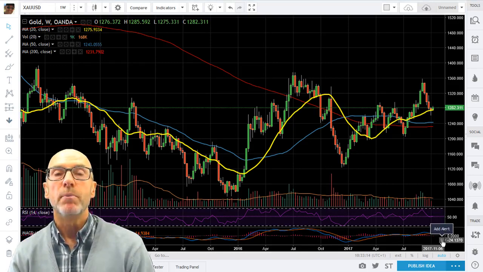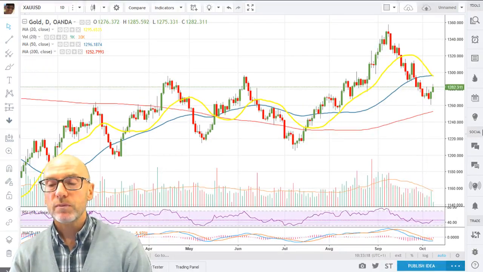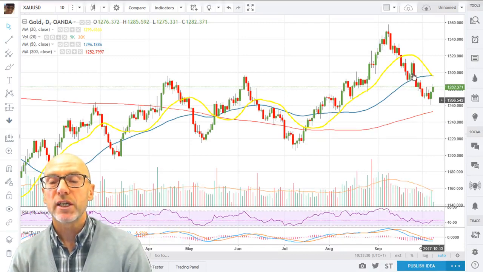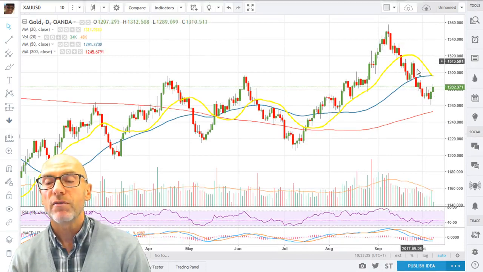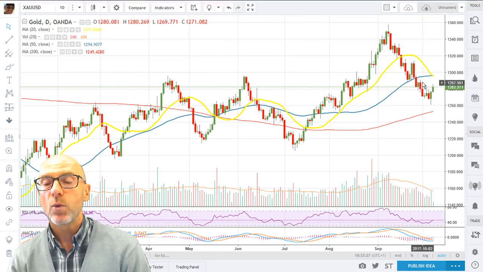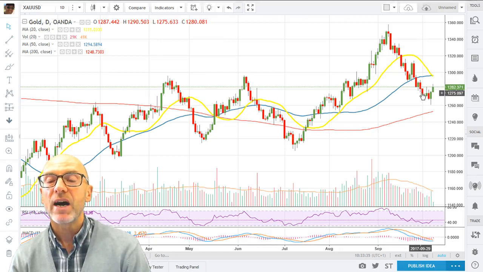Moving on to the daily, and you can see that this is a short-term downtrend. You can see this pattern of higher lows. That would need a move above the high of the 29th of September to be broken. That's at 1295.